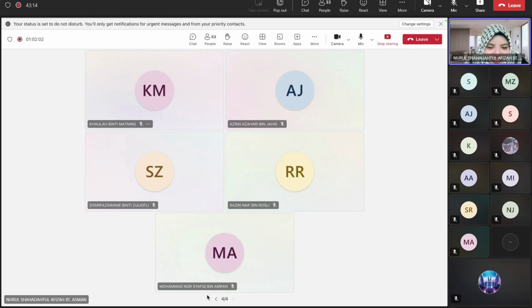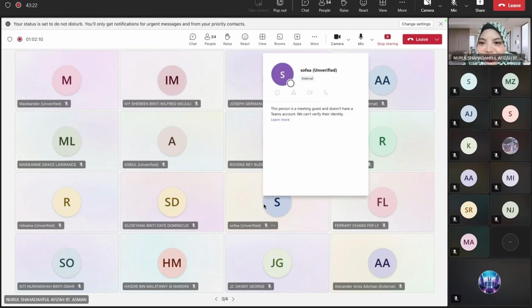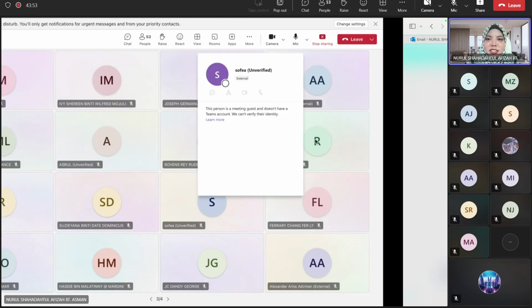Okay. So for the second question, perempuan lagi lah. Sophia. Sophia, you're not here? Ya dokter, kejap dokter. Tengah mengira. Okay, it's okay.